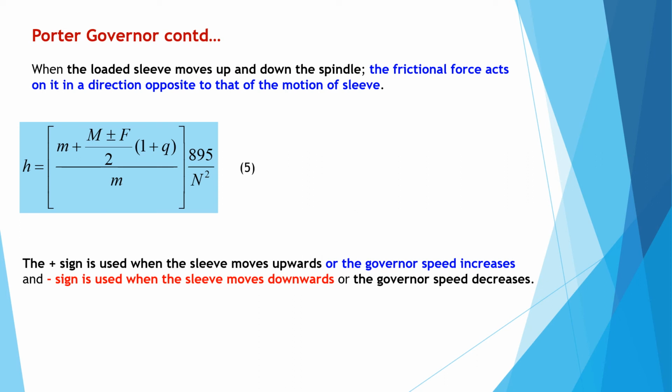Then the height of the governor is h equal to small m plus capital M plus or minus frictional force, divided by 2, into 1 plus q, divided by small m, into 895 divided by speed square, represented by equation 5. Here the plus sign is used when the sleeve moves upwards or the governor speed increases, and the minus sign is used when the sleeve moves downwards or the governor speed decreases.